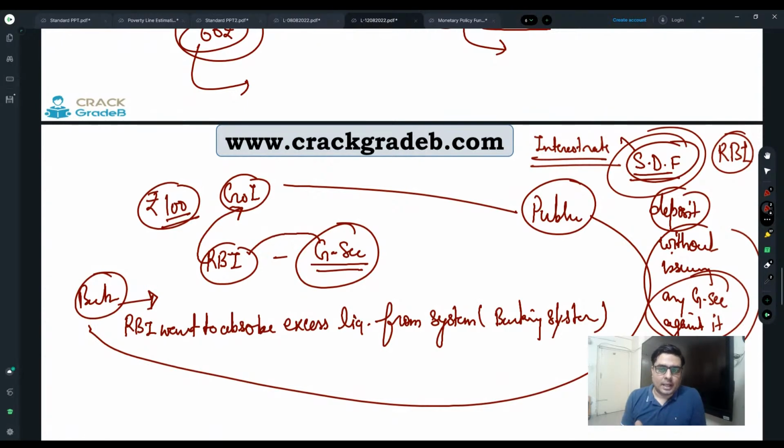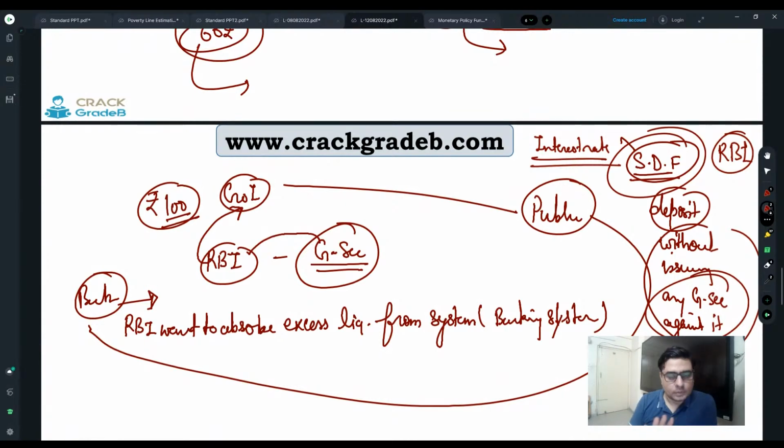It is an innovative way to absorb excess liquidity without issuing a government security, because in any other way, like SLR, repos, RBI has to issue government securities before getting the money from the bank. So the unique thing with the SDF is that banks can deposit their money in the RBI without getting any government securities, and they can earn interest.